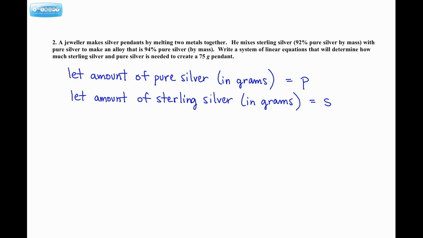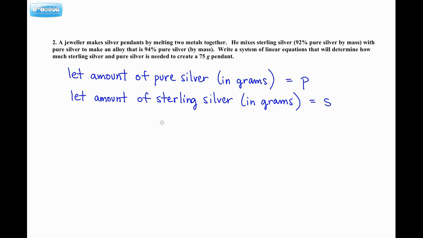Okay. Now, how on earth can we use quantities P and S to create a system of equations? Well, one of them is actually not that difficult. We know that however much of pure silver and sterling silver we combine, in the end we want a grand total of 75 grams. So that's actually pretty easy.